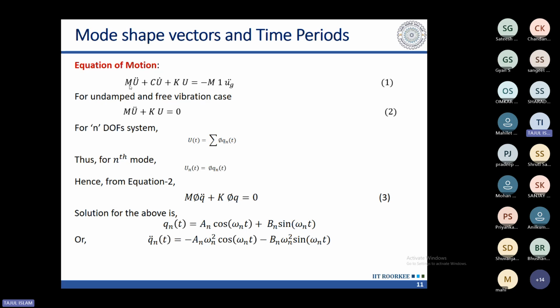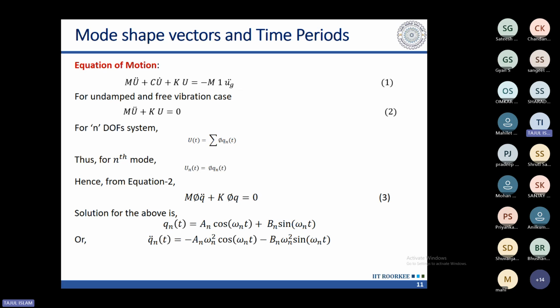So what it gives is, you have mass into acceleration, meaning we are just satisfying the equilibrium condition. Forces on one side should be equal to the forces on the other side, or you can say applied force should be equal to the resisting force. So here, this is the applied force, this is the ground motion intensity. The applied force, if I consider, is the earthquake force, which is the inertia force.